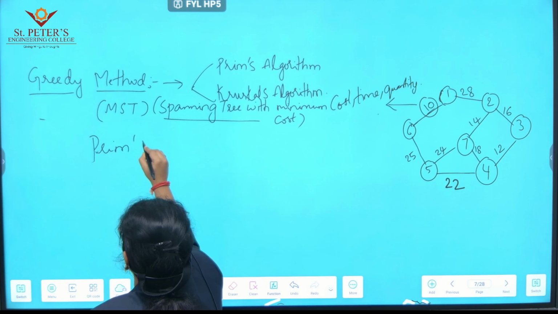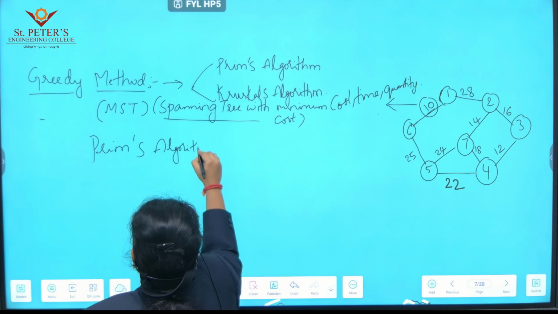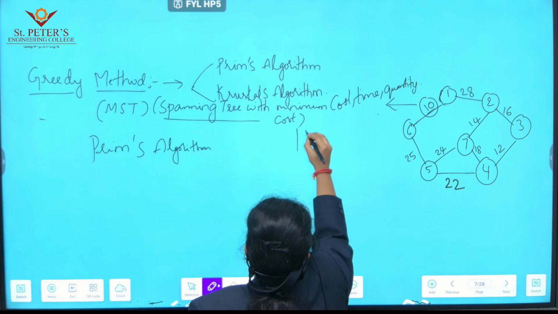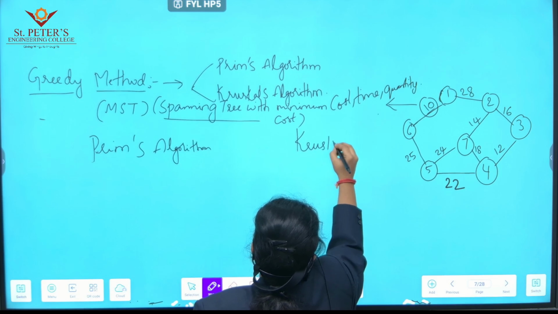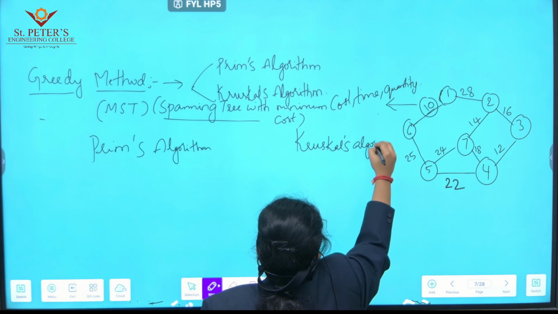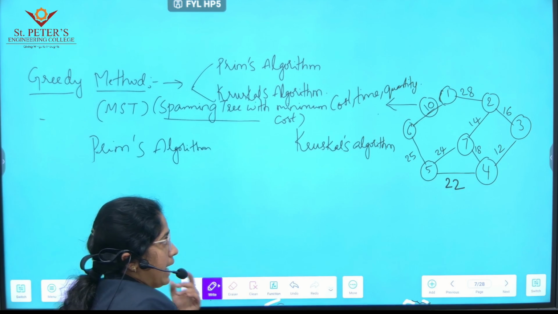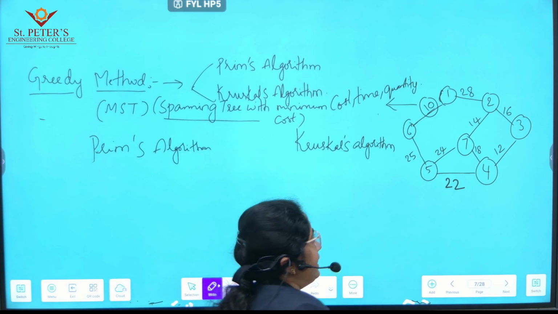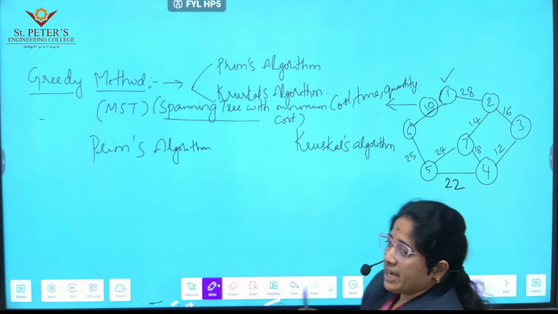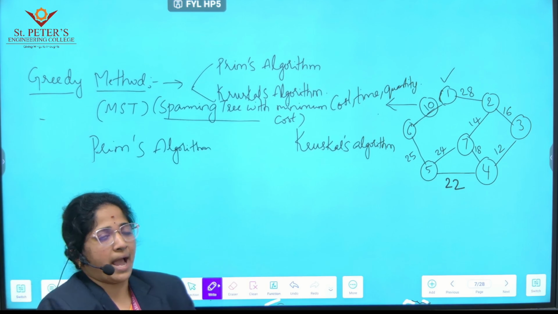What is meant by Prim's algorithm? We need to draw a spanning tree starting with one vertex. The initial vertex we are considering here is 1. We start with an initial vertex and start drawing the spanning tree.